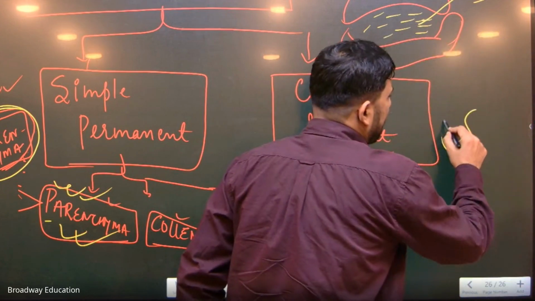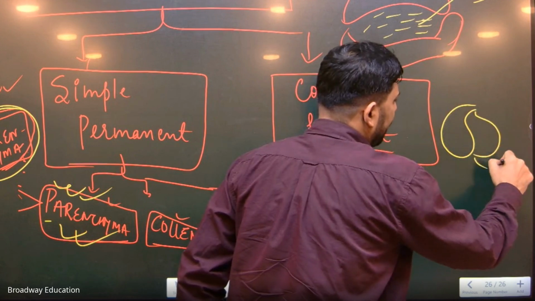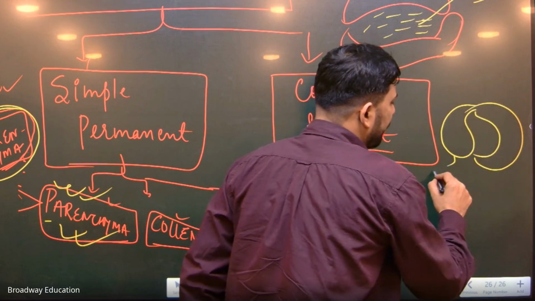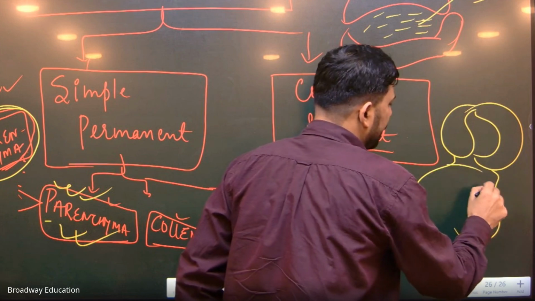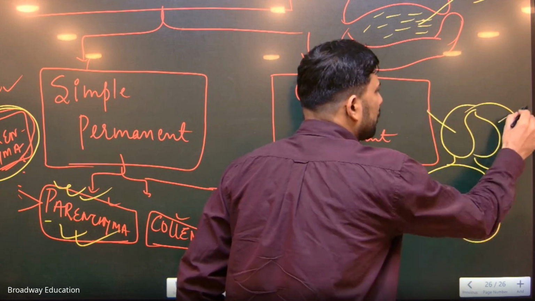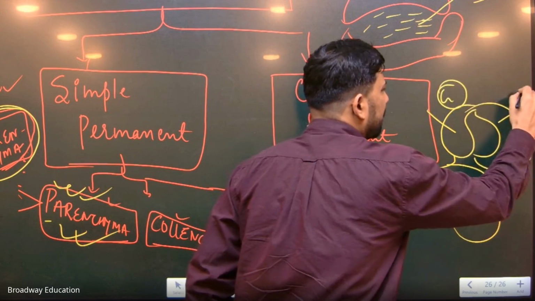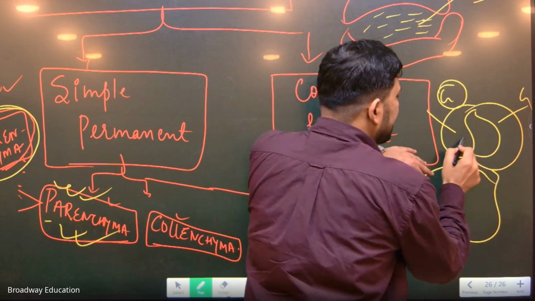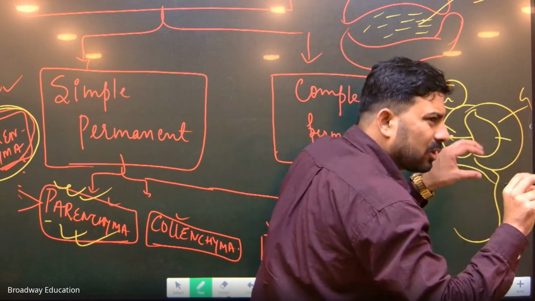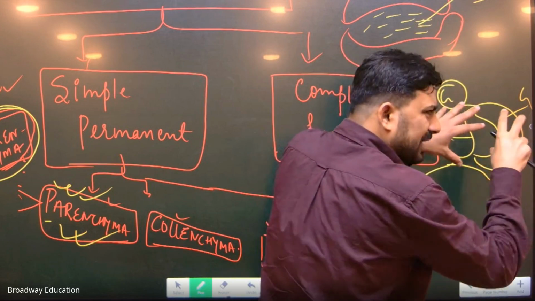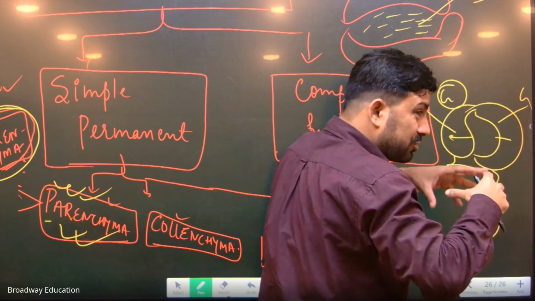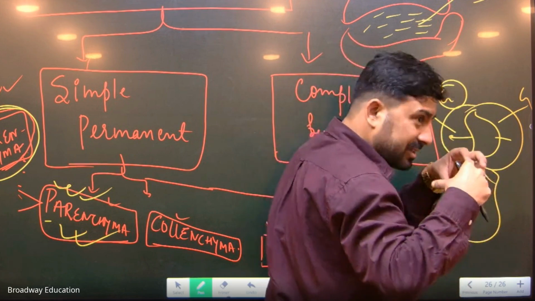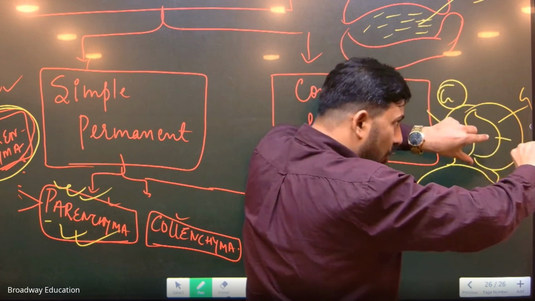Like for example, here we have two guard cells, getting my point. Two guard cells are there, और बीच में ये जब टर्जिडिटी बहुत ज्यादा हो जाता है तो सेल्स पूरा भर जाता है पानी से, तो सेल्स टर्जिड हो जाता है, तो उसके बाद वो ओपन होता है.